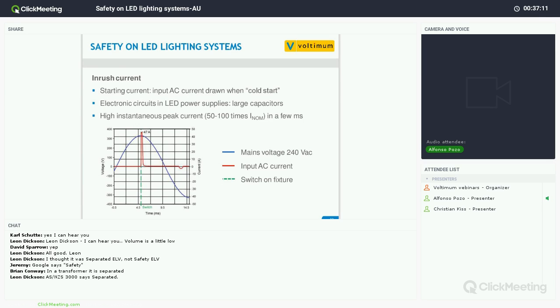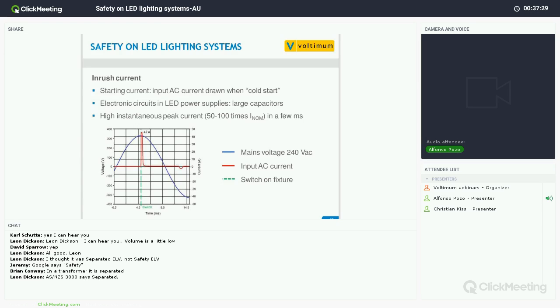They are found in all types of lighting applications, not only in LEDs, but even in incandescent lamps and magnetic, electromagnetic, high intensity discharge lamps and control gear.